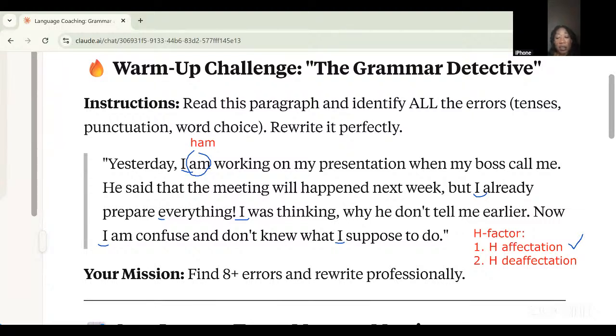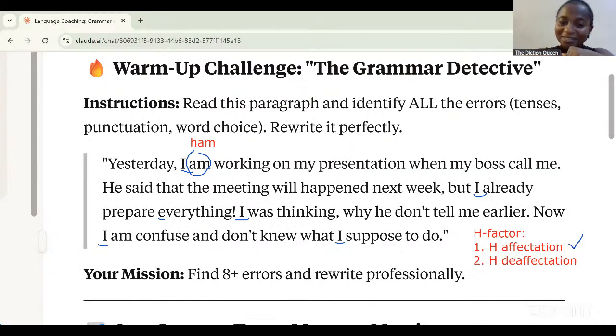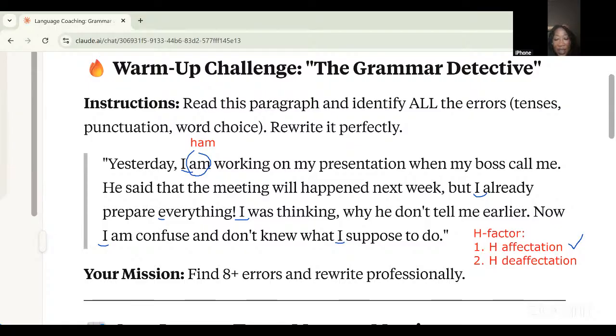Yesterday, I'm working on my presentation when my boss called me. He said that the meeting will happen next week, but I already prepared everything. I was thinking, hmm, why he didn't tell me earlier. No, again, this part. Yesterday I'm working on my presentation when my boss called me. He said that the meeting will happen next week, but I already prepared everything.